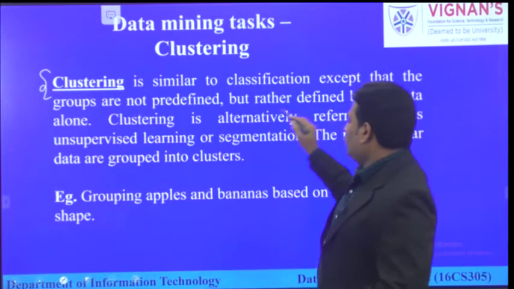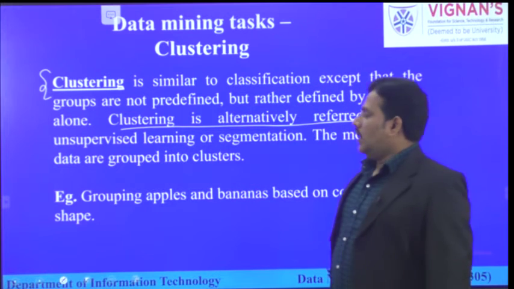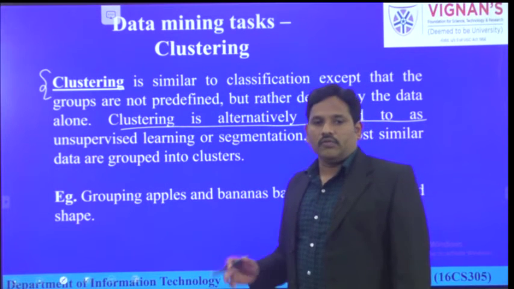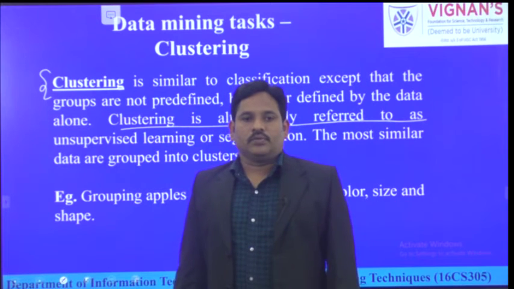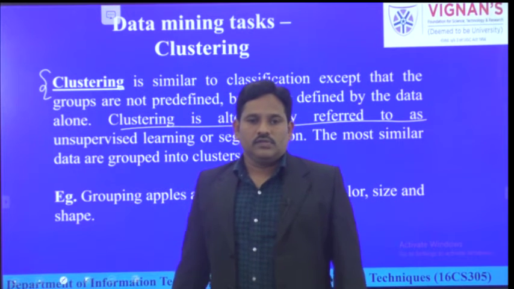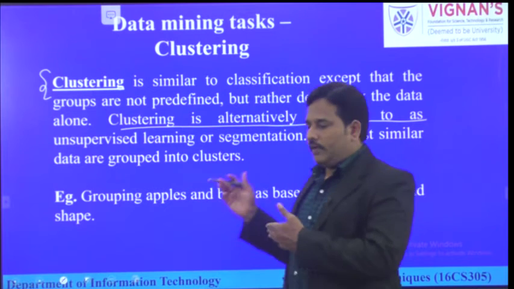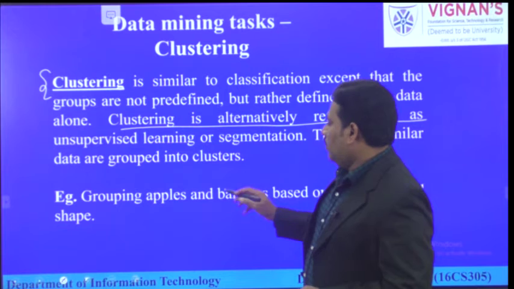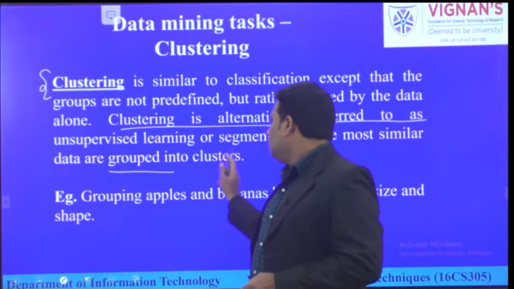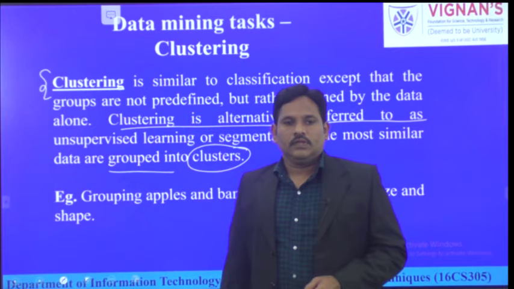Clustering is alternatively referred to as unsupervised learning. In supervised learning the output is already known, whereas in the unsupervised approach the output is unknown. Here we have to create our own output based on the input and the requirement, and whatever groups have been formed we call a cluster.